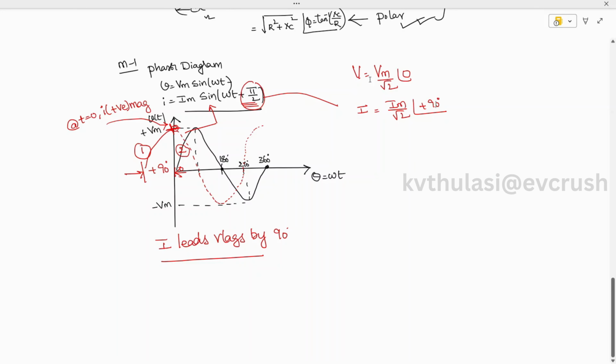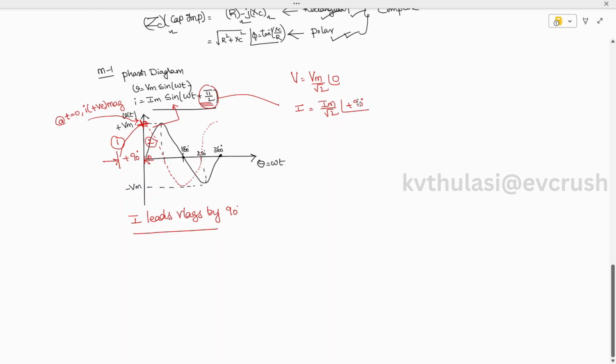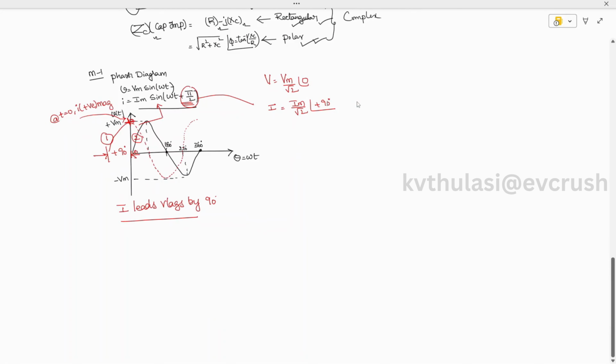When you see this diagram, you will get clarity on how to draw it. Now let us take as reference Vm by root 2, the RMS quantity making an angle of 0, and we are going to treat this as the reference.